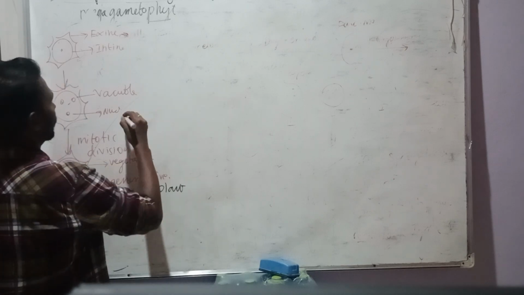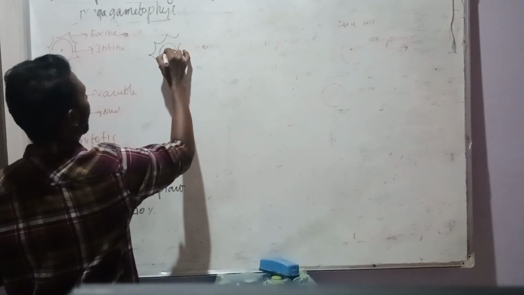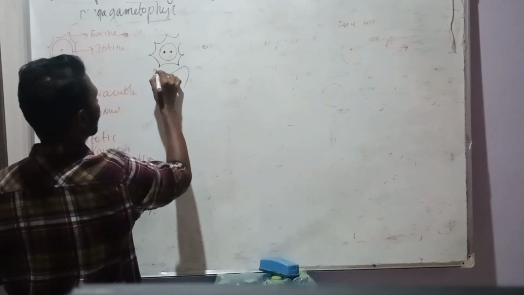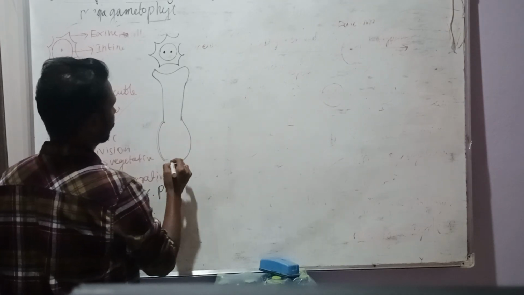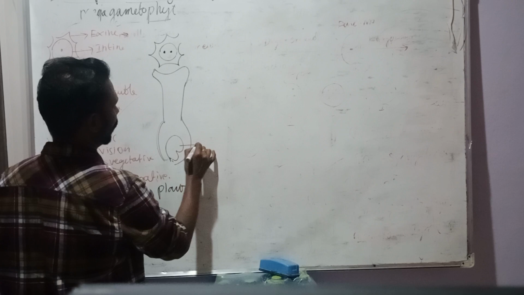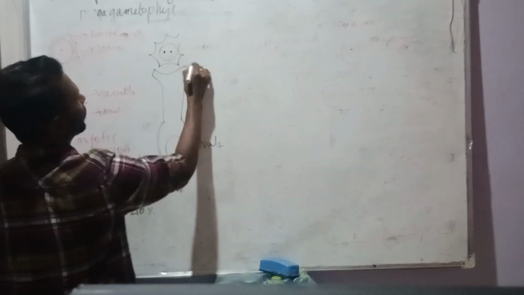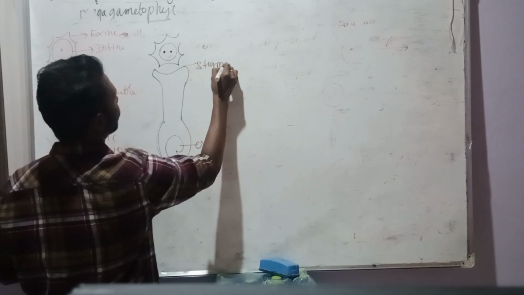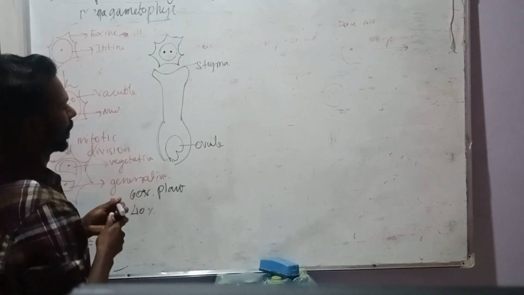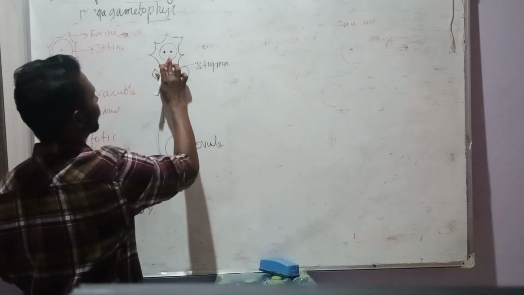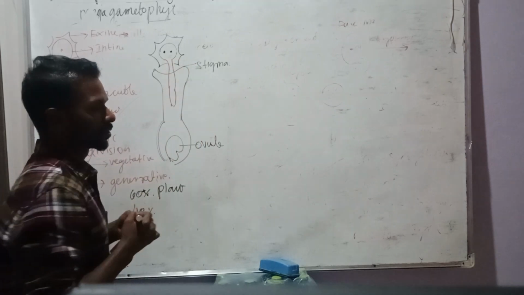However, this pollen grain has to fall on the stigma of the female organ. There you see the ovule and the stigma. After it falls on the stigma, it has to germinate into the pollen tube.